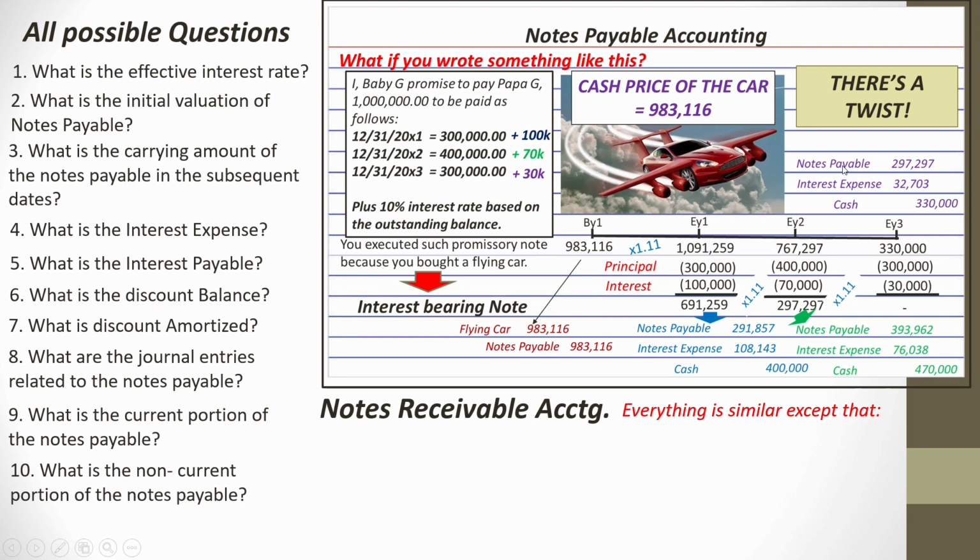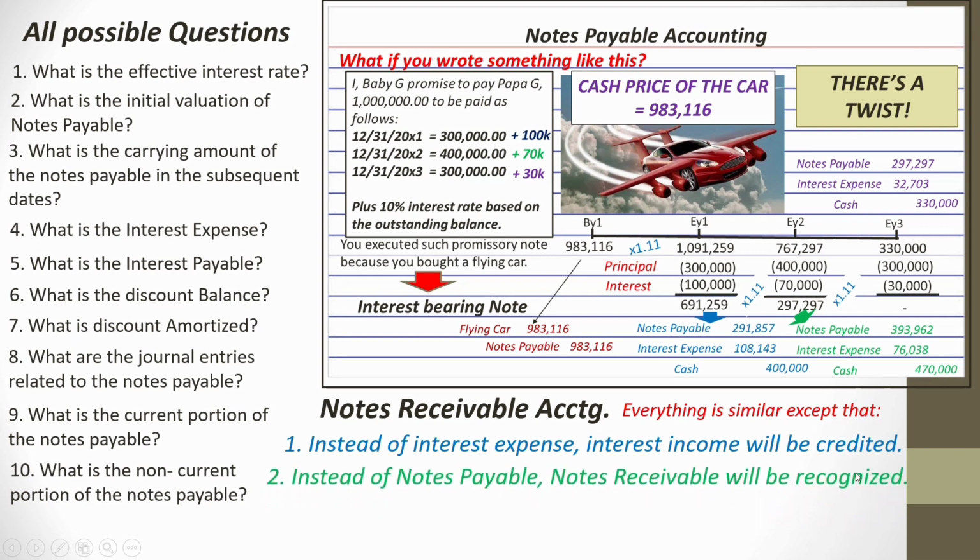Now, what's different? What's different are the journal entries. Every journal entry that you will see here will be reversed. For example, instead of this debit interest expense, the entry of Papa G will be credit interest income. And instead of notes payable, notes receivable will be recorded.